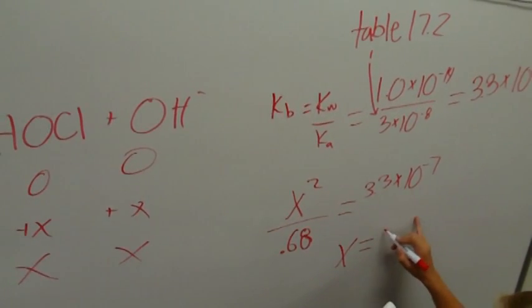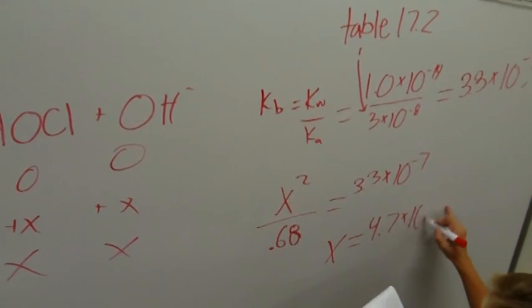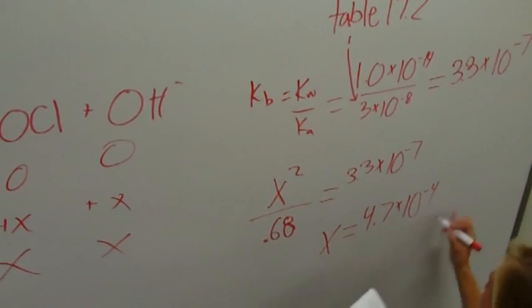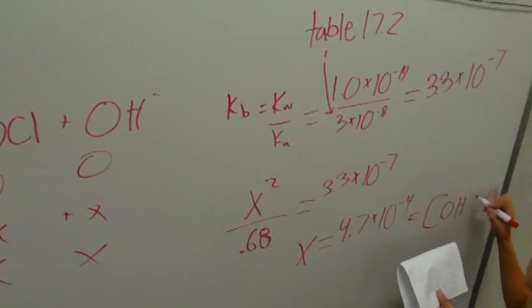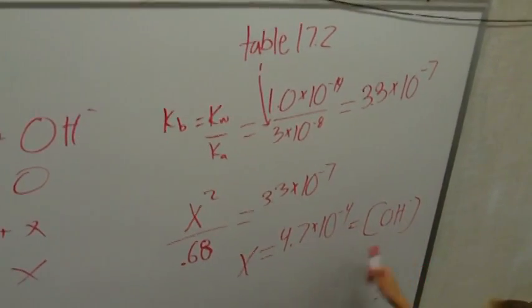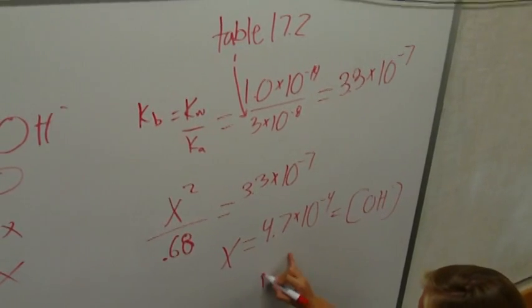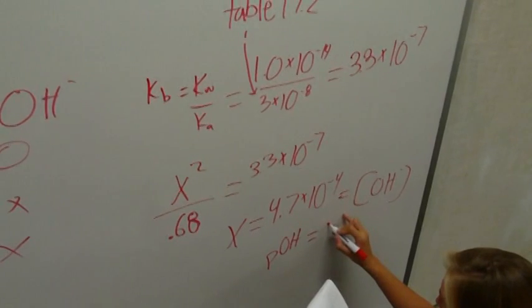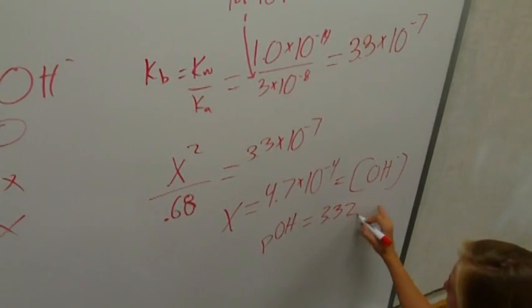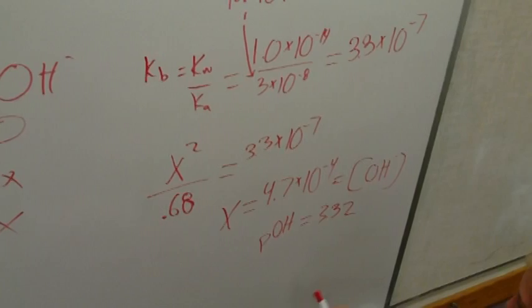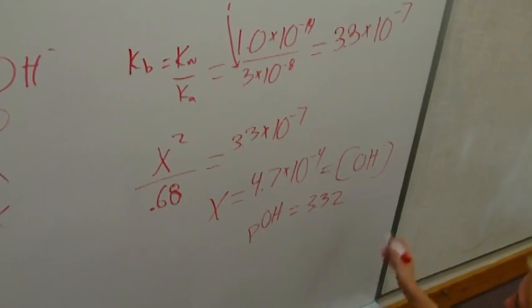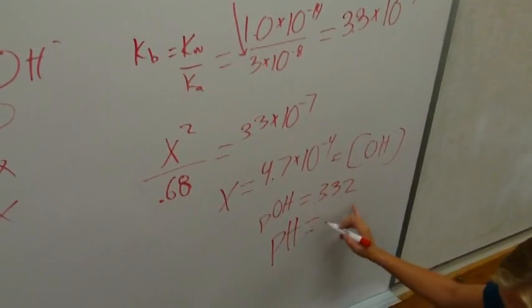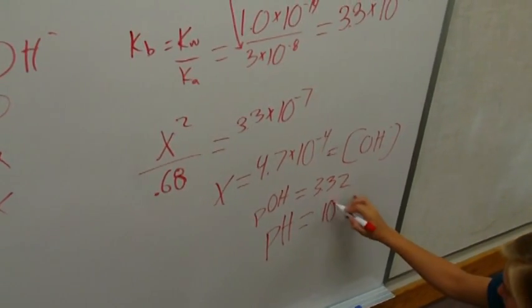X is going to be 4.7 times 10 to the negative 4. X is our OH concentration. So we can get pOH if we take the negative log of that number. So our pOH is going to be 3.32. And then since we know that pOH plus pH is 14, if we just take 14 and subtract, you get pH equal to 10.68.